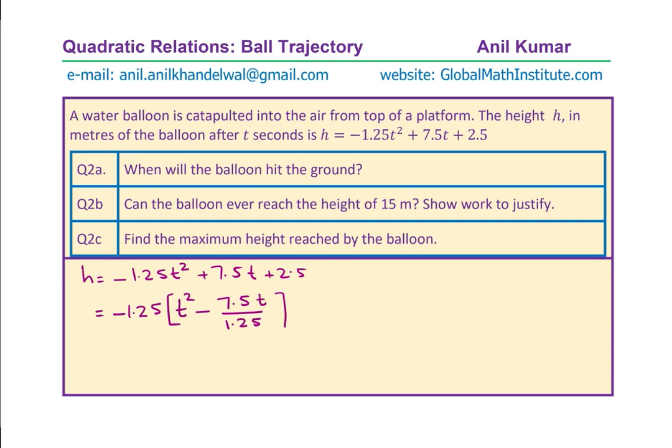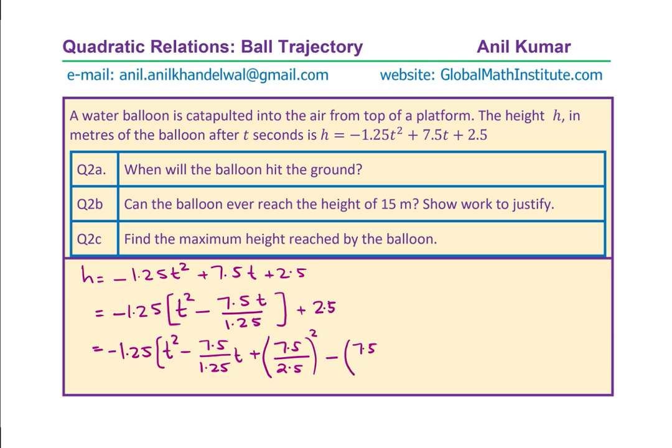And we are going to keep this 2.5 away from this particular bracket. Now we have to take half of this value and add and subtract. So we have minus 1.25 times t squared minus 7.5 over 1.25 t, and half of this value will be 7.5 divided by 2.5, correct? So that is the half of this value. We can square this and subtract the same value.